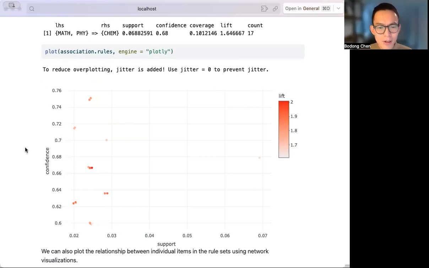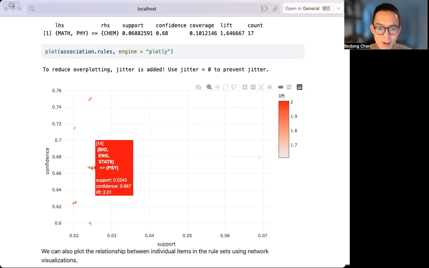So then you can look at this particular plot with the x-axis representing support, the y-axis representing confidence, and the color representing lift. Right away you can see a few different rules that have high lift, and at the same time a pretty robust level of support and confidence.